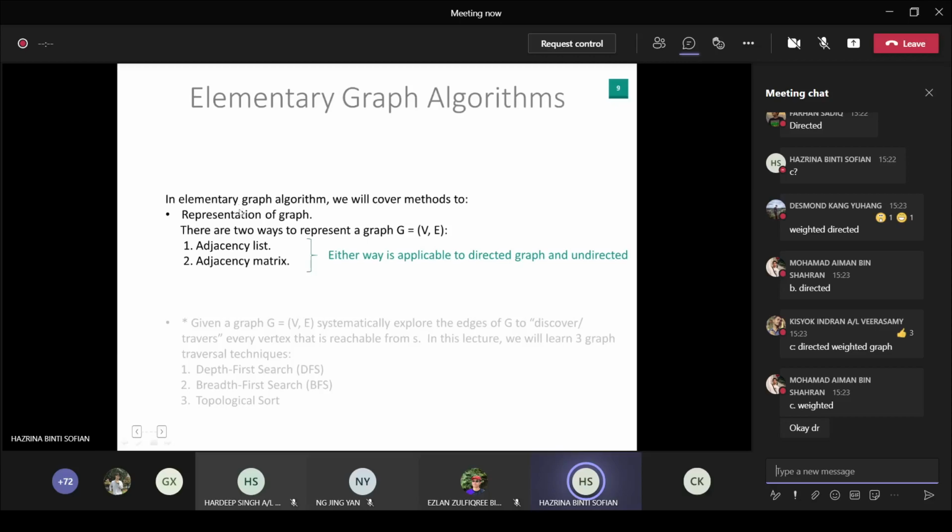There are two ways to represent the graph. One is adjacency list and two is adjacency matrix. Either way is applicable to directed or undirected graph. So this is how you implement the graph.